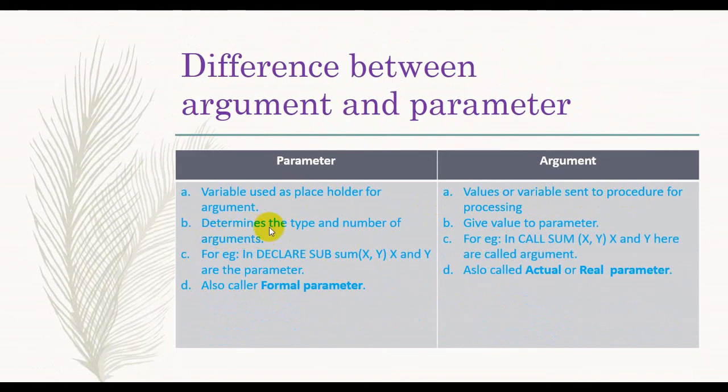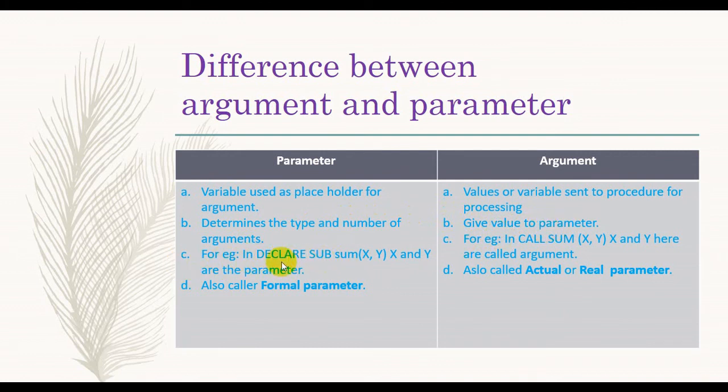And parameter determines the type and number of arguments, what types of data and how many data can be passed, that is determined by the parameter. And argument gives those values to the parameter.